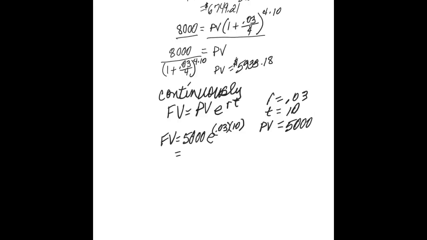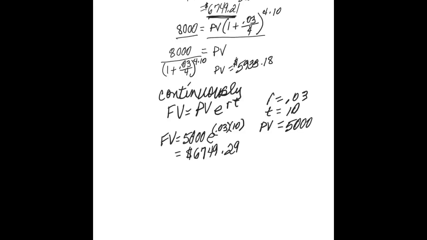Now that value is equal to $6,749.29. So we made a little bit more than compounding daily, just 8 cents more. But that's still money in my pocket. I hope this helps you with your quiz.